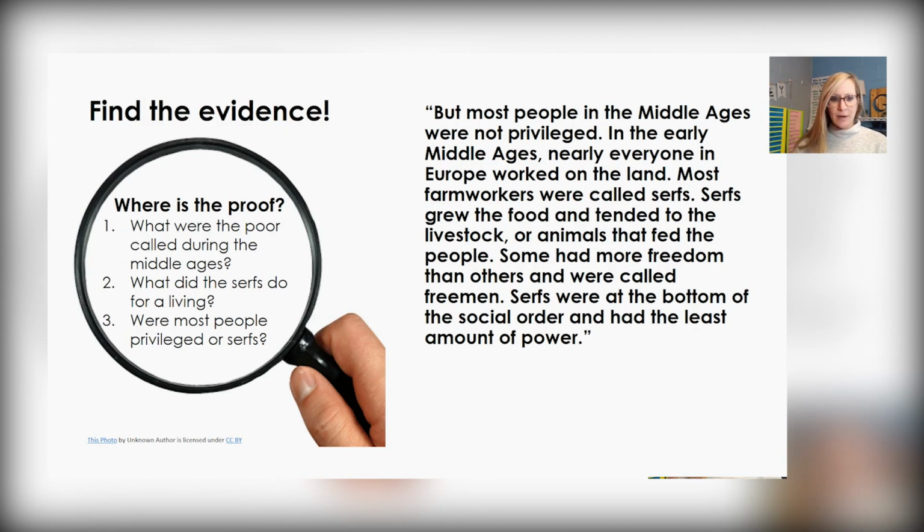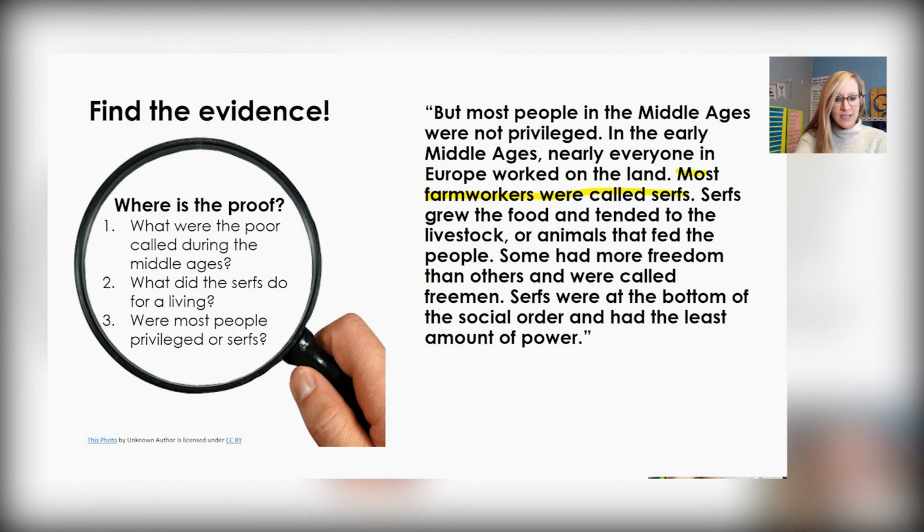So I want us to think about these questions, and I'm going to pick up my highlighter as I can highlight evidence in the text. The first question says, what were the poor called during the Middle Ages? Well, again, here in the text I can see it says that most farm workers were called serfs. Yes, serfs. And I want you to think about, what did they do for a living?